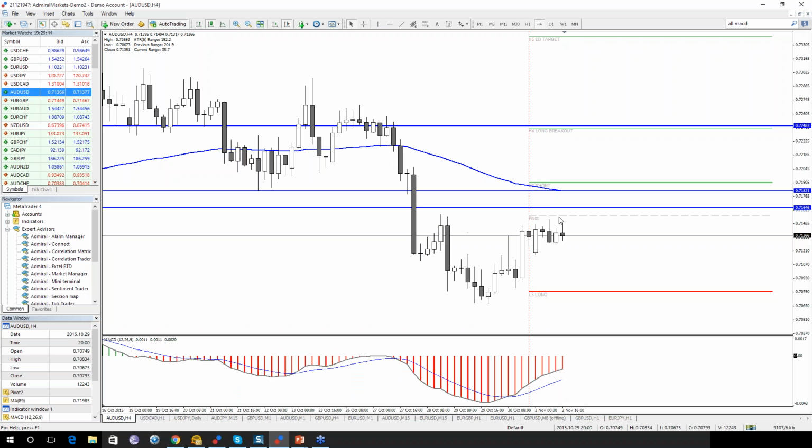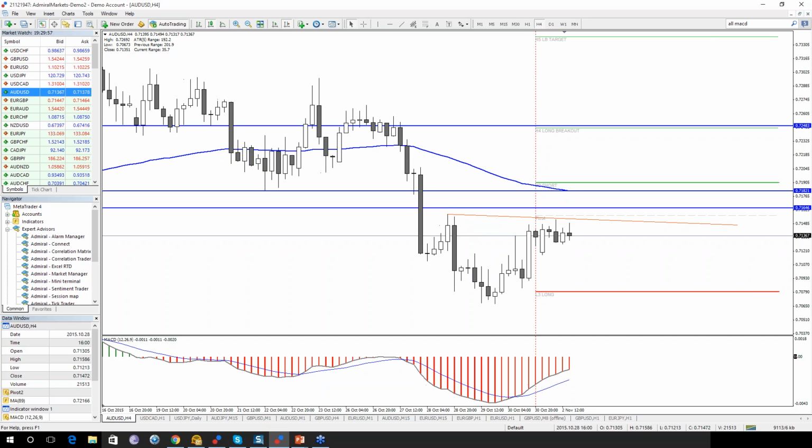Possible inverted head and shoulders, and the price has still not broken through this trend line. And look at this, it can even go like this. This is definitely a strong resistance here.